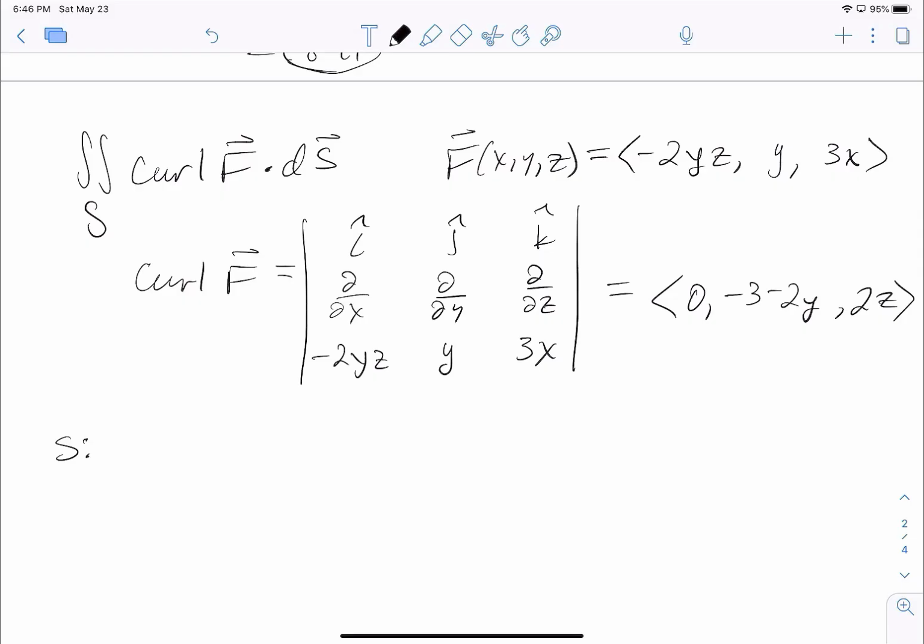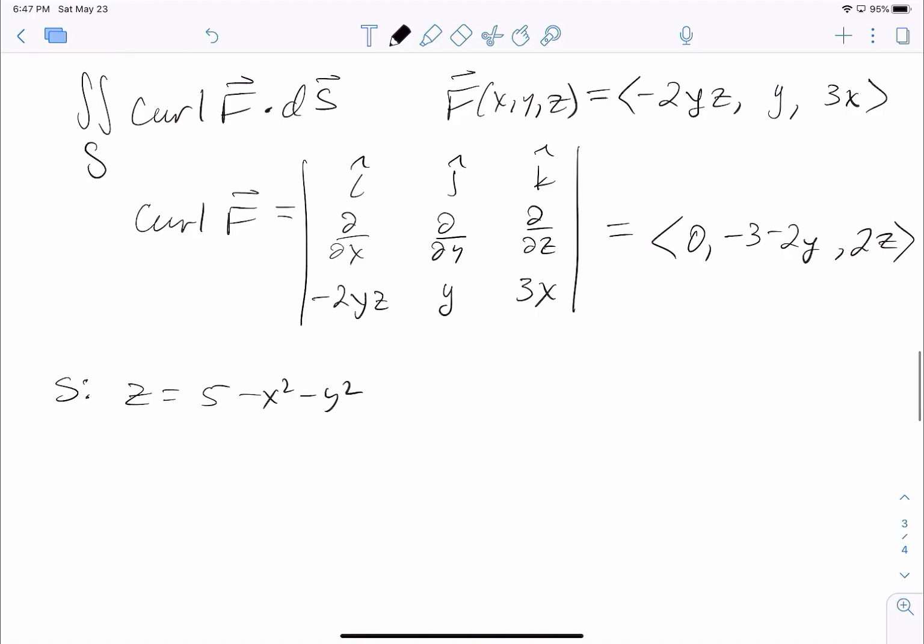S, recall, is the paraboloid z equals 5 minus x squared minus y squared, cut off at z equals 1. We'll deal with that in just a bit. But this gives us a parameterization. r of x, y is equal to, since it's a function, our parameters are x and y. So x, y and then 5 minus x squared minus y squared.